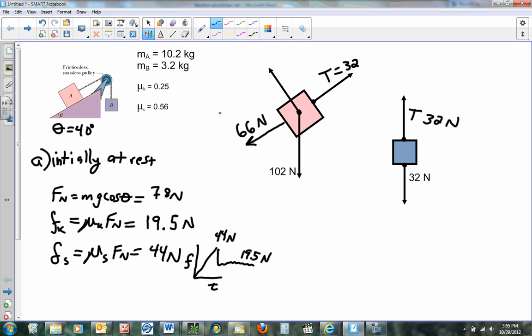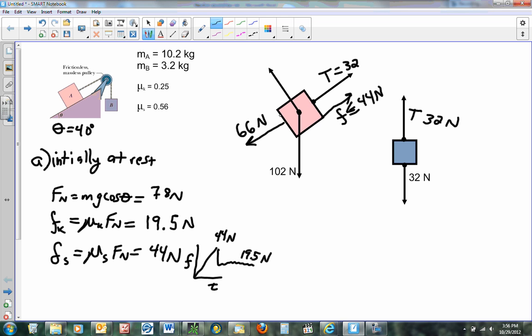Now, without putting any friction on here, which direction is this block going to try to move? It's going to try to be moving downhill, which means friction always opposes motion. The static frictional force is going to be up this direction, and it can be less than or equal to 44 newtons. Well, it's not going to move, because if it was at its maximum value, 32 plus 44 is 76.